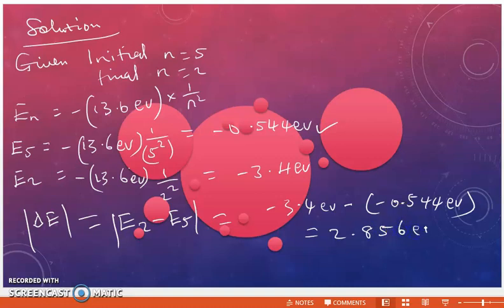But now we need to do away with this electron volt, so we have to multiply by the constant 1.60 times 10 to the negative 19 joules.